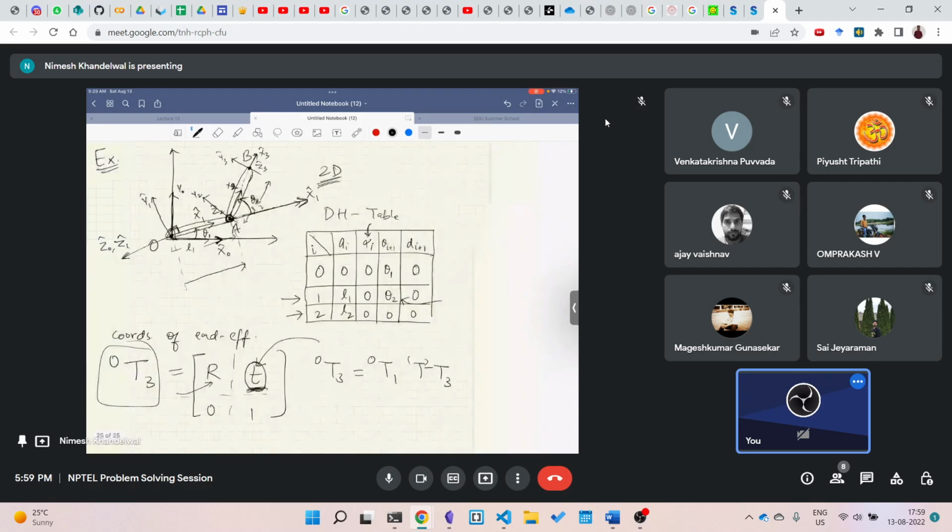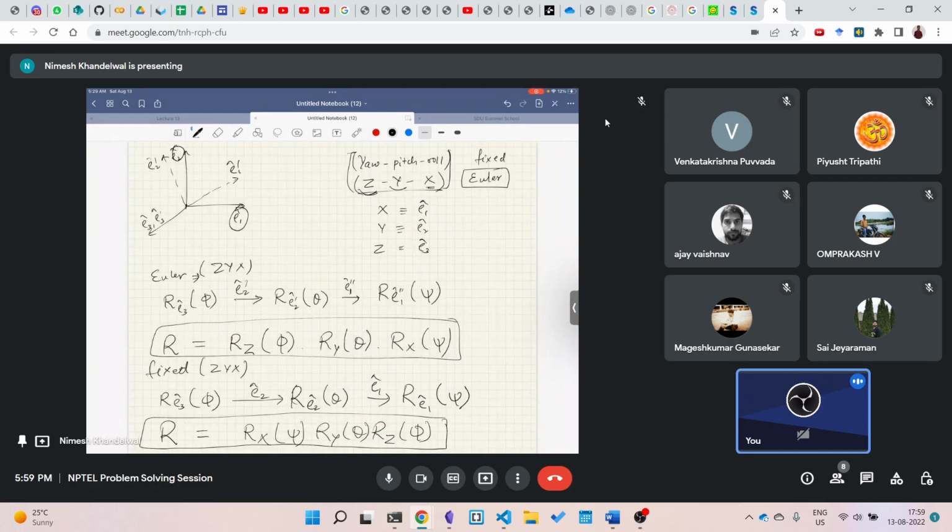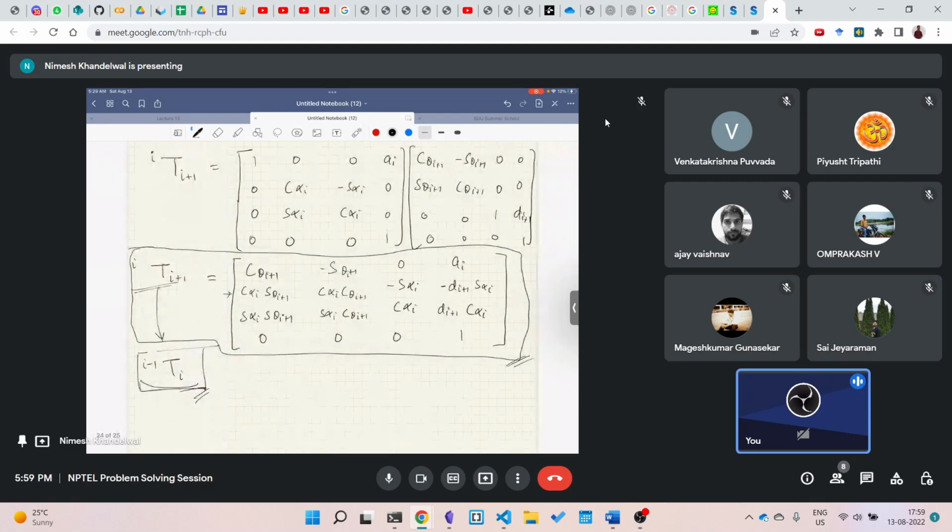Because this rotation matrix that we were writing there was from the new frame to the ground frame always, and similar is the case in the transformation matrix from the new frame to the ground frame.